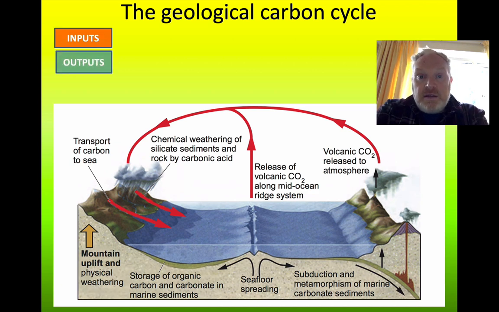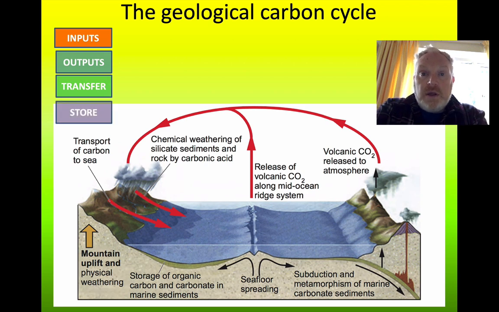Outputs, where the thing we're studying, in this case carbon, is taken out of the area that we're looking at. Transfers, which is where the carbon or whatever we're looking at is moved from one place to another, and finally stores, where the carbon may stay for a while.